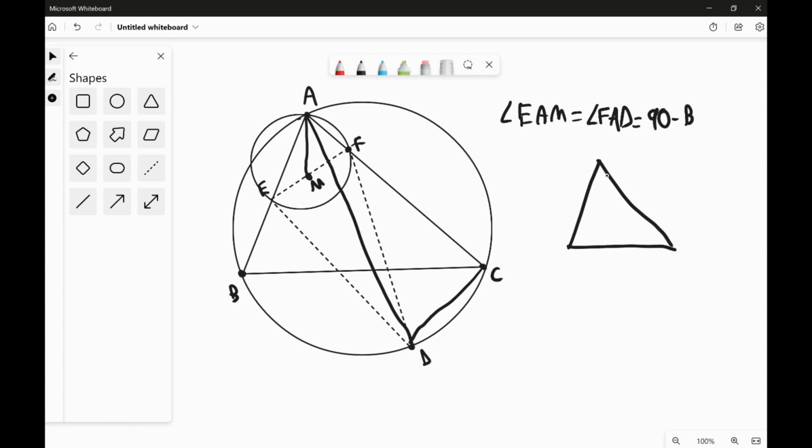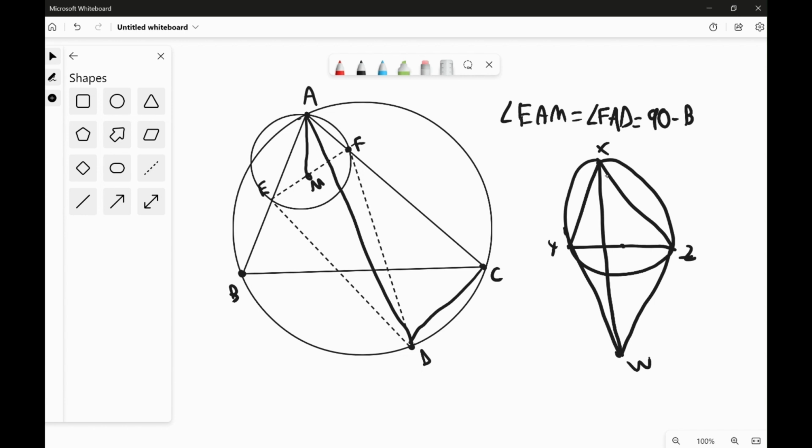If we have a triangle XYZ, and we construct a circumcircle, the tangents intersect at a point W, and we draw this line, and we have a midpoint M, then these two angles are equal. And this problem that we proved in the Olympiad can be used to prove this fact.